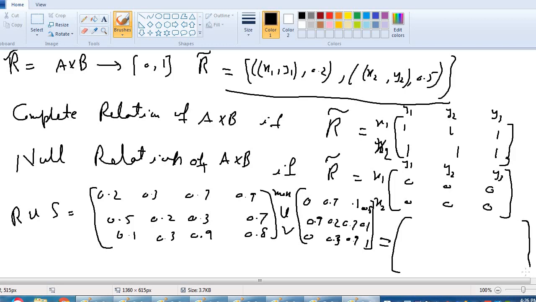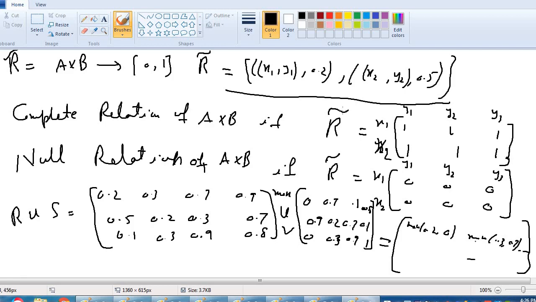So what will be the max? We just take the maximum value: max of 0.2 and 0, then max of 0.3 and 0.7, and so on.